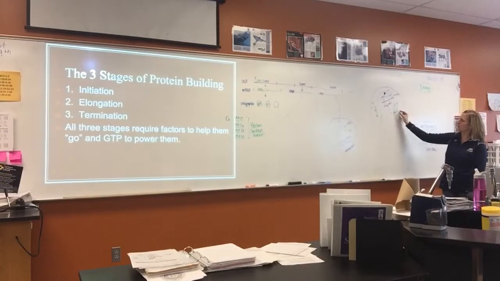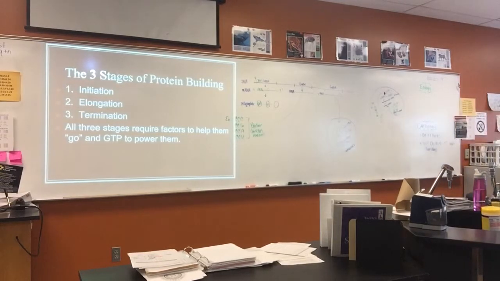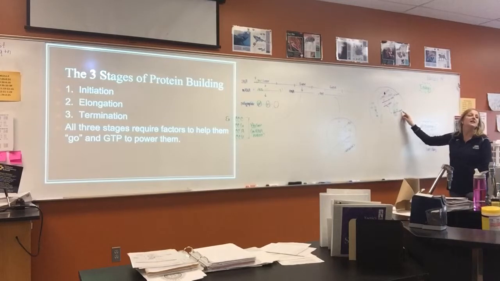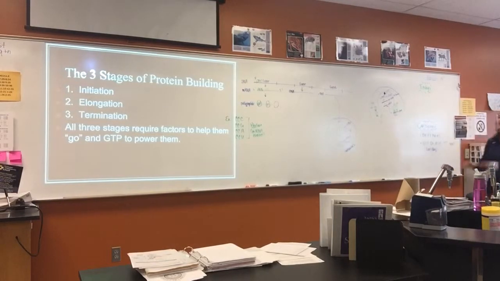Elongation is then reading each codon, and different tRNA molecules bring the next amino acid, so you're elongating your polypeptide chain. And eventually termination, you terminate it, so instead of a start codon, eventually on the mRNA, we reach a stop codon. All right, and that's how we know when to stop adding amino acids and when your polypeptide chain is done. And so this GTP energy source powers that.